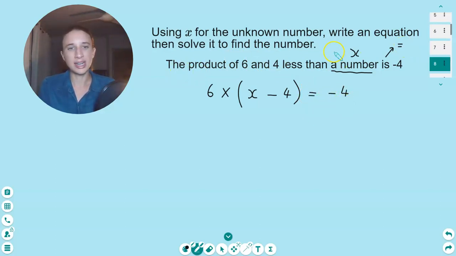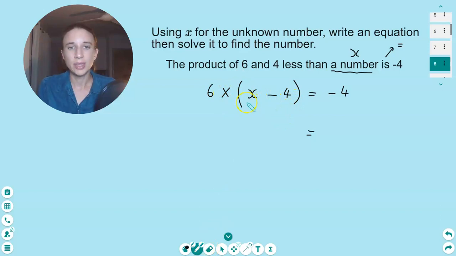And we just double check all the time. The product of 6 and 4 less than a number, so product means times, is -4. Now it says, then solve it to find the number. So the hardest bit really is writing the equation, just knowing how to translate that language into a maths equation.